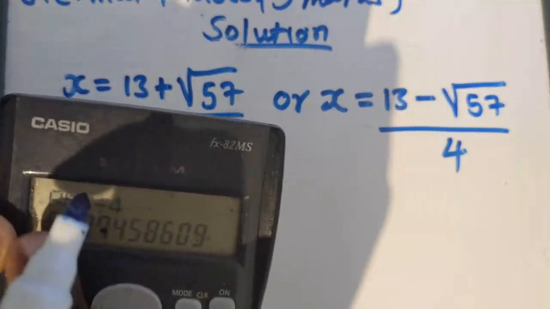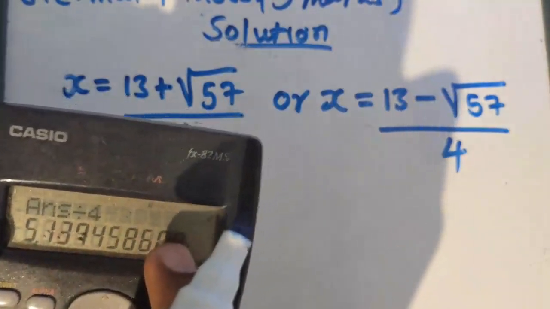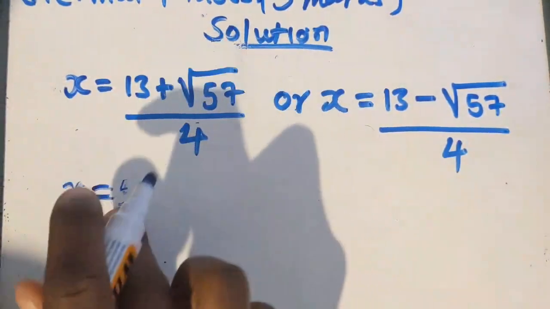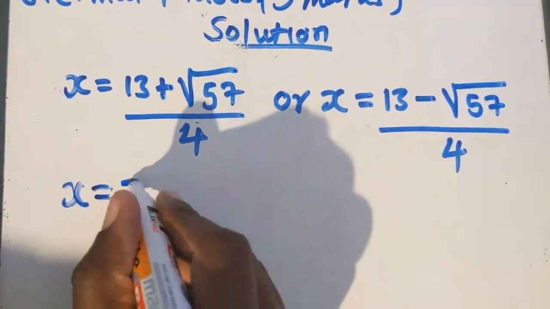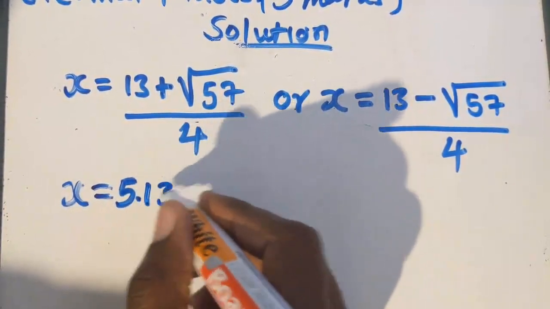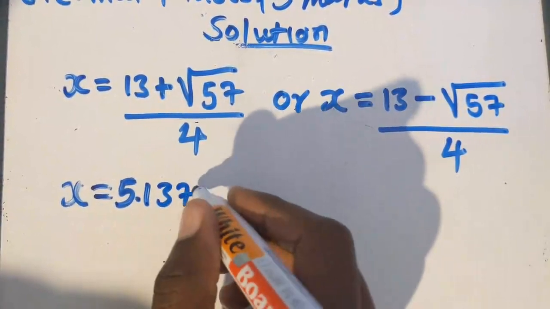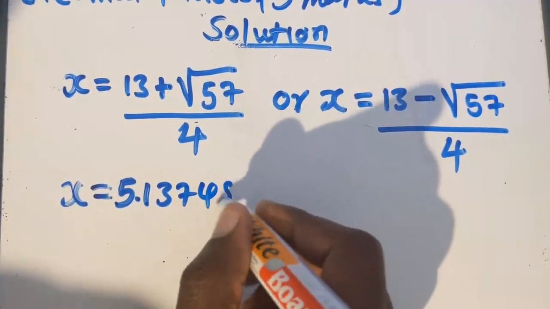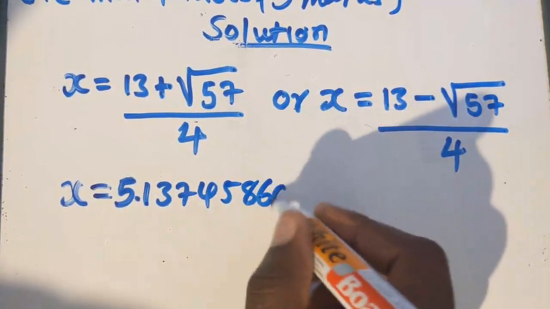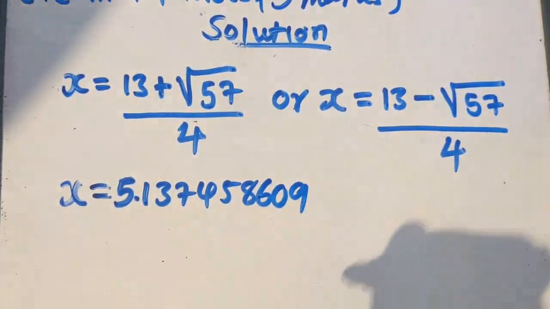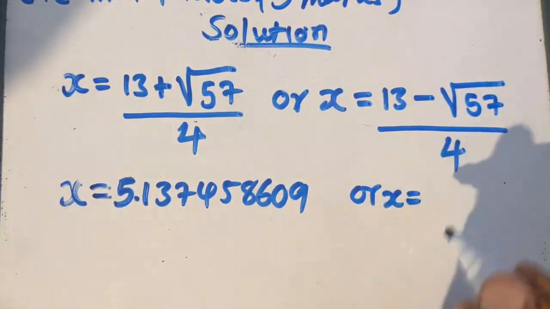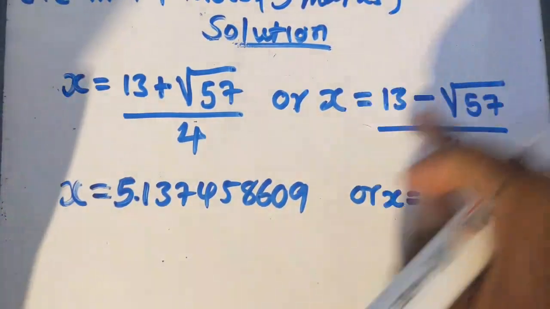So you just have to write it the way it is in full. So it is 5.137458609, like that.